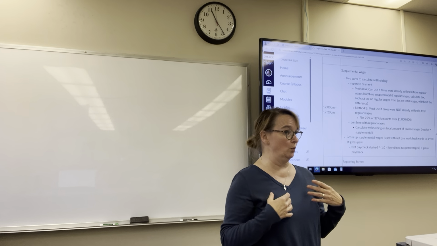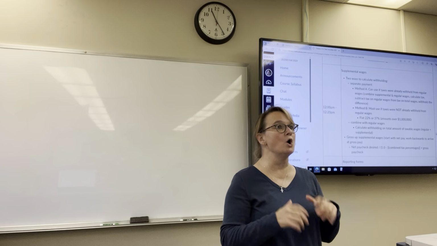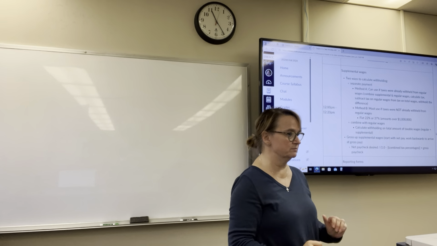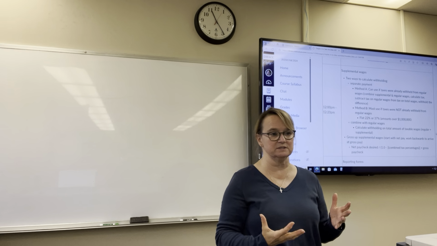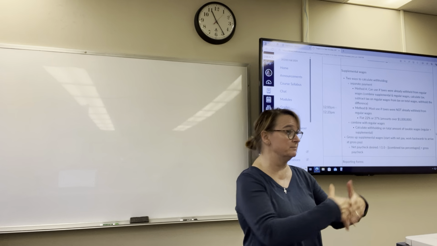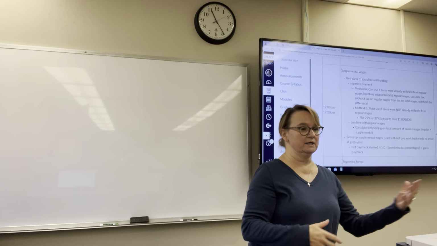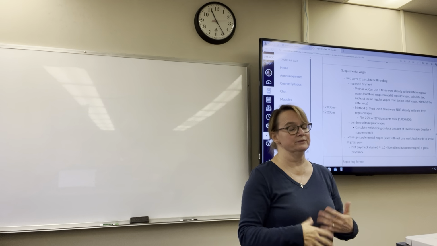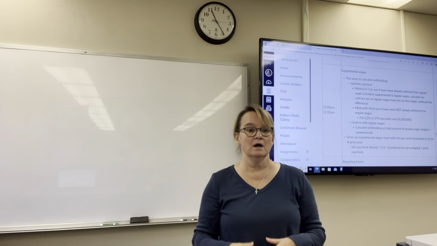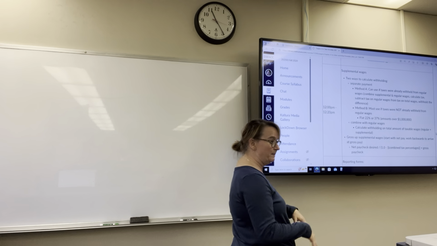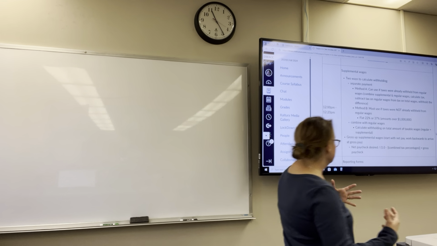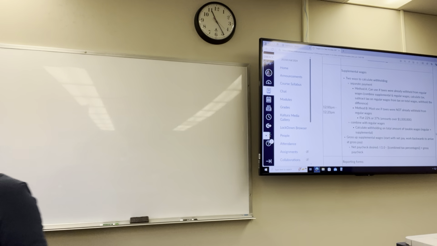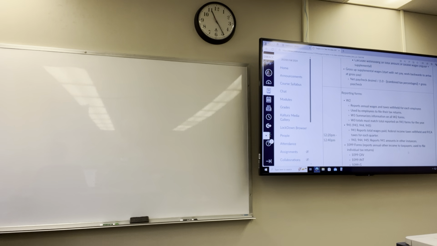Well, what if you want that net wage to be something specific? So you want to give a bonus to somebody of $500 and you want them to walk away with $500. You don't want that to be the top line number, you want that to be the bottom line number, what their net pay is. So how do we get there? We kind of have to work backwards a little bit, and there's a calculation for doing so. It's not actually as complicated as you might think.